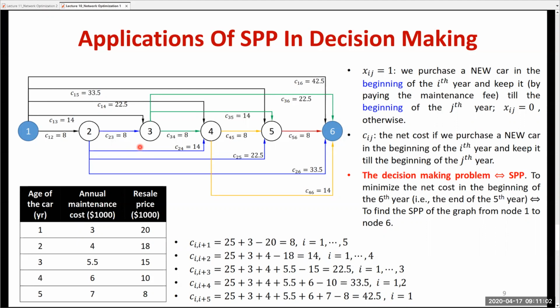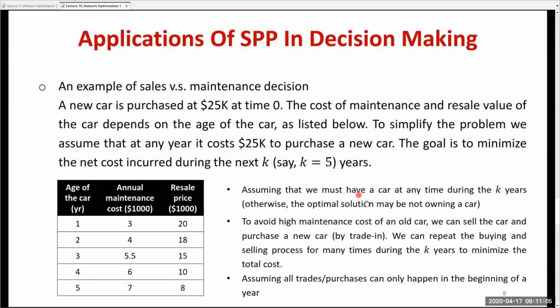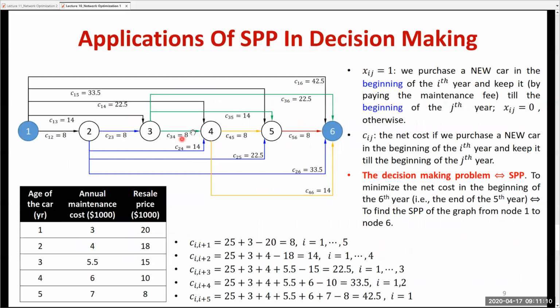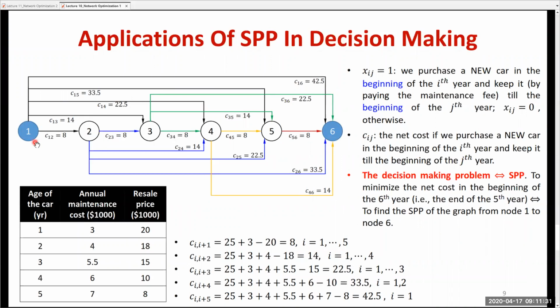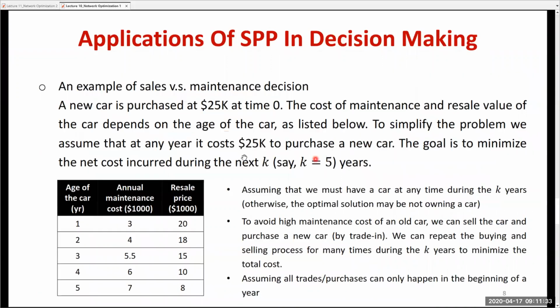And of course, since we assumed that at any time we must have a car, this tells me that once I sell a car, I must immediately purchase a car, unless it is the 6th year, after which I don't care. As long as it is in these intermediate years, if I sell a car, then I must purchase a car. That's very clear. In this case, I'm going to equivalently solve a shortest path problem instead of this complex business strategy or decision-making problem.